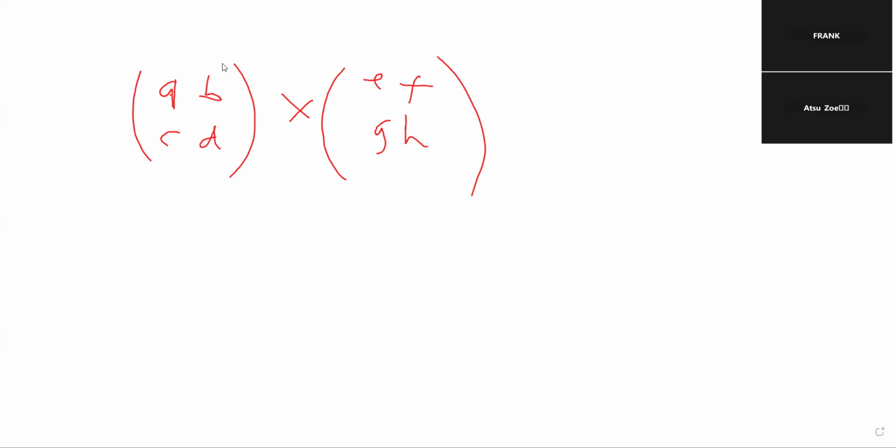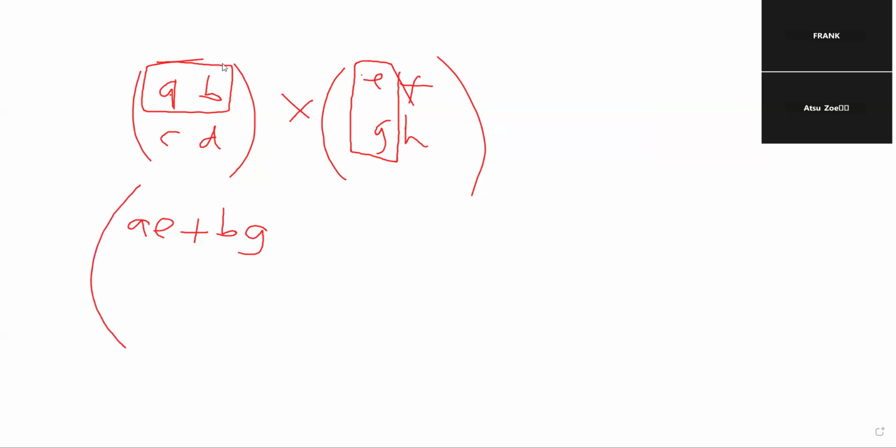Always with the first matrix, you take the row and you multiply it by the columns. Are you okay? Okay, so the first entry is going to be A times E plus the second, B times G. And that's the first entry of the multiplication.